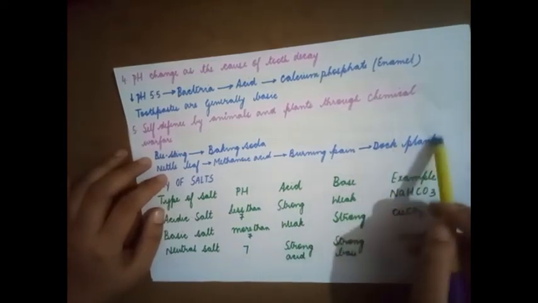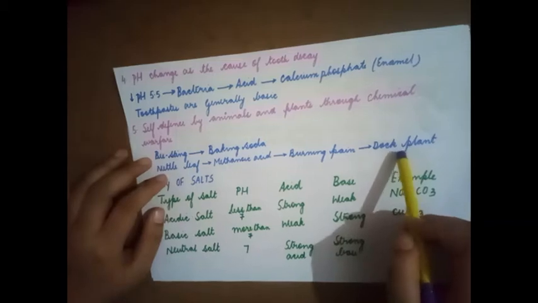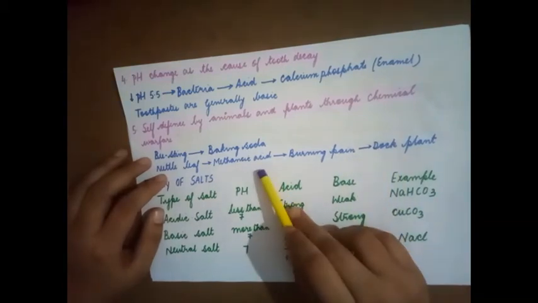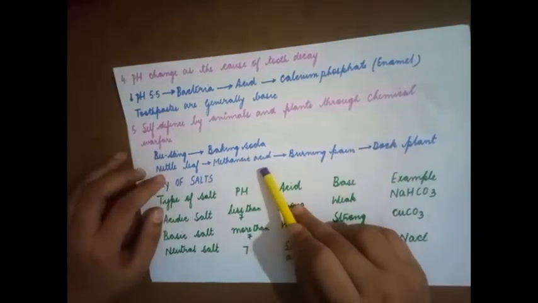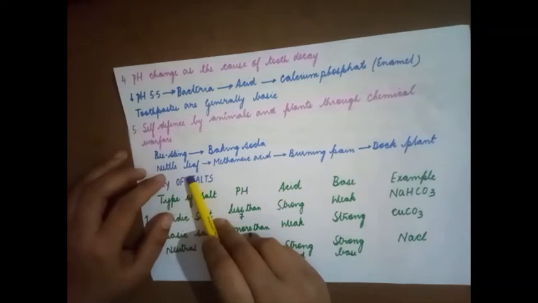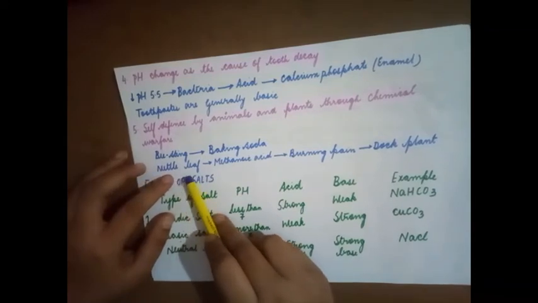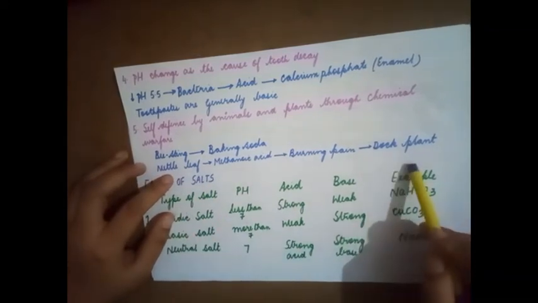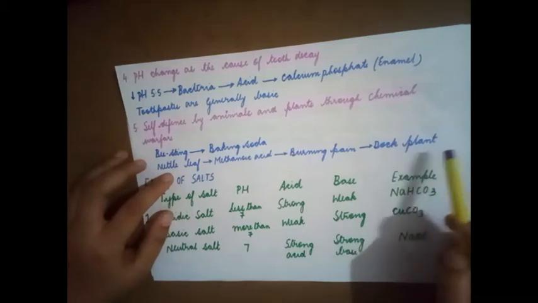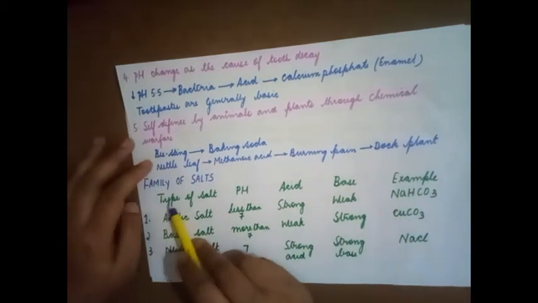The dock plant is basic in nature. The juice of the dock plant is applied so that it can neutralize the acid. It is seen that wherever the nettle plant, a herb, grows, there we see the growth of the dock plant also.